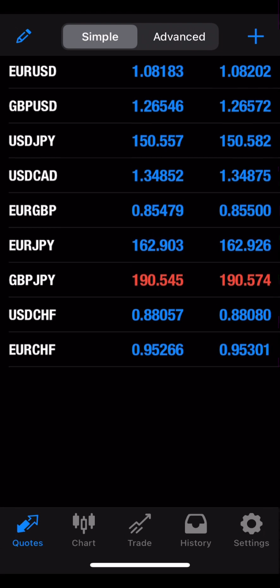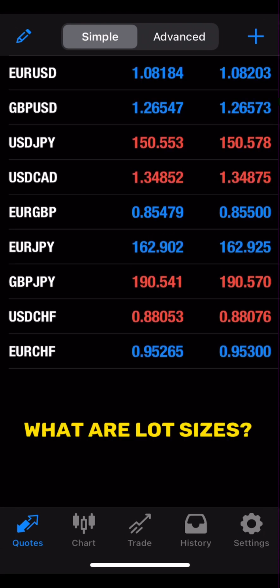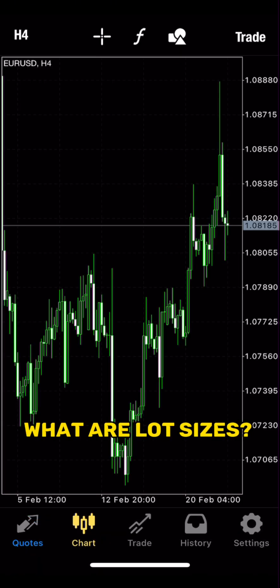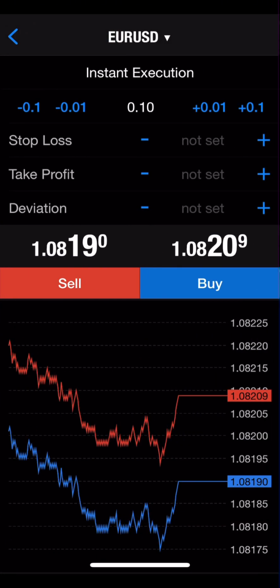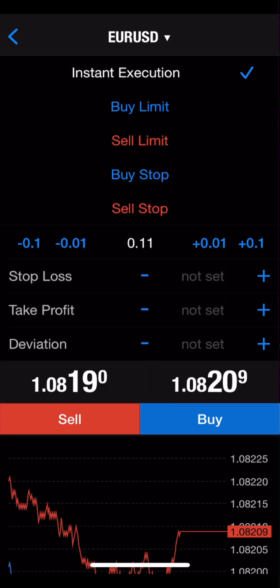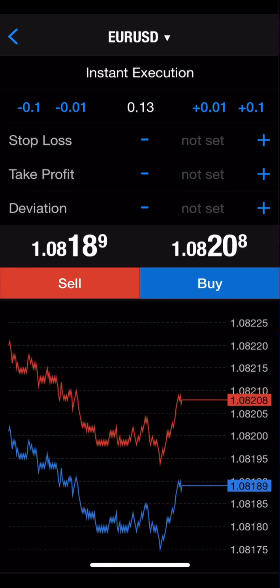Now, what are lot sizes, right? A lot size, for example, let's say you were here on your USD and you wanted to open a trade, a buy or sell trade, right? This is where you'd go, and then these numbers here, the ones that I'm changing here, these numbers here are lot sizes.